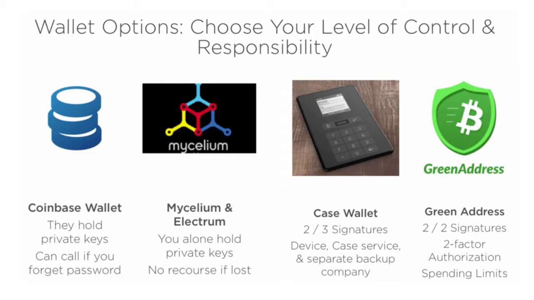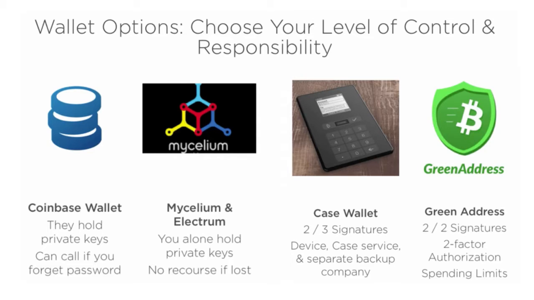And then you have things like Case Wallet or green addresses, which allow double authentication. For example, in Case, your device signs a transaction, and the Case service also signs a transaction, so you have a 2-of-2 multi-sig. And they have a separate backup company that also holds one of the private keys, so it's 2 of 3.